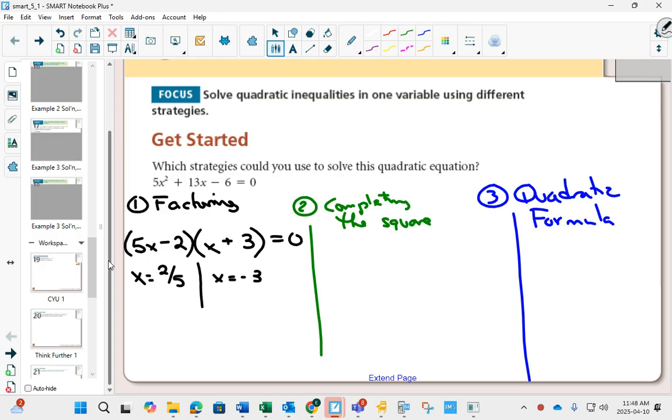So a review of completing the square. We'll switch to green. When we solved equations completing the square, we moved the 6 over to the other side, and then we divided everything by 5. We get fractions, left a space, left a space.